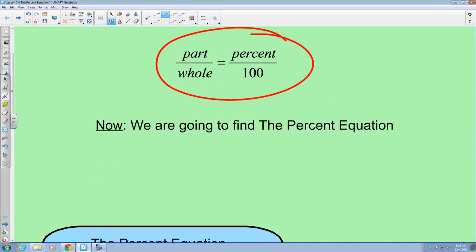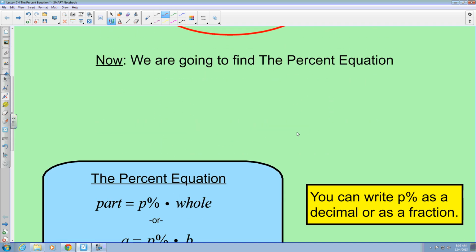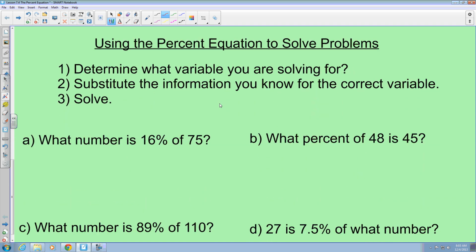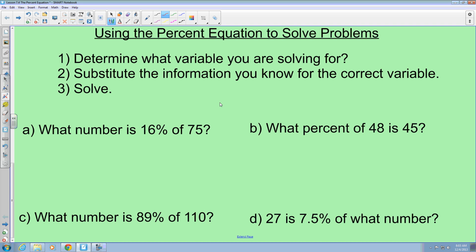So when we find the percent equation, if we're looking for the part, it equals the percent multiplied by the whole. In a more general sense, A equals P percent multiplied by B. But let's just use the proportion that we were given up top. That's going to give us a better chance of finding our answer.